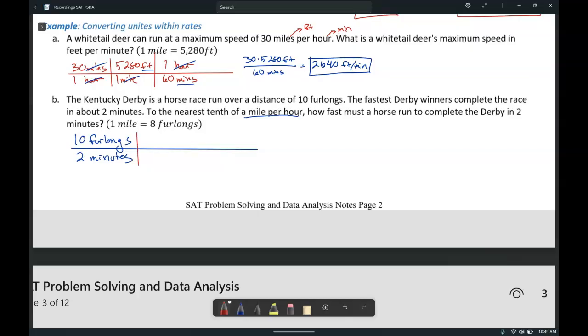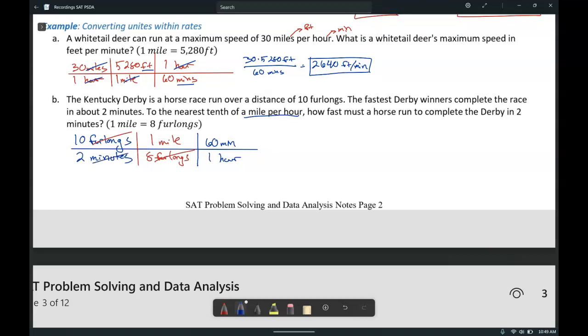Let's do the furlongs to the mile because that's the first one given. 8 furlongs equals 1 mile. So we've got our unit of miles, which is what we need. And now we can convert minutes to hours. There's 60 minutes in 1 hour.